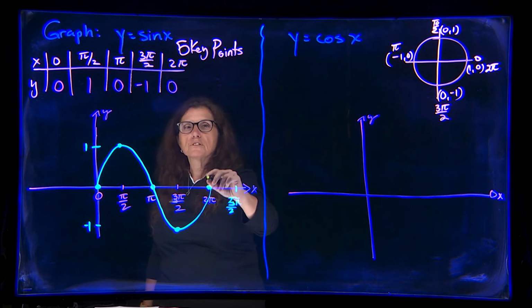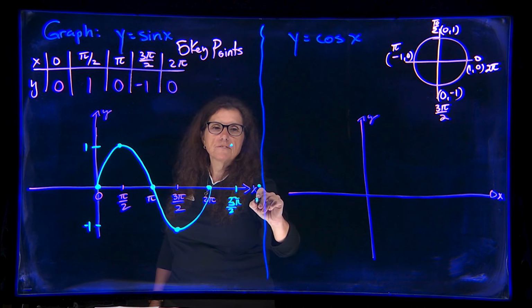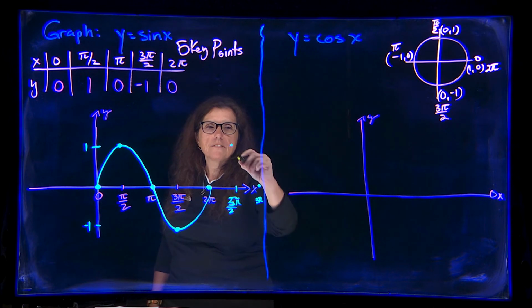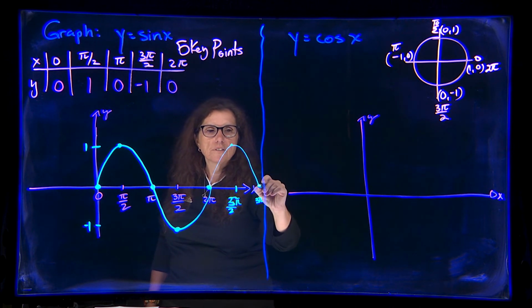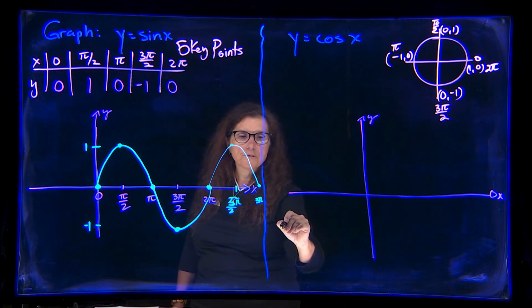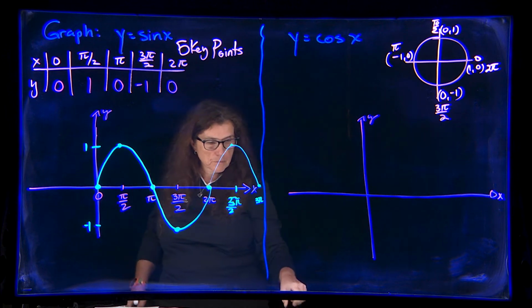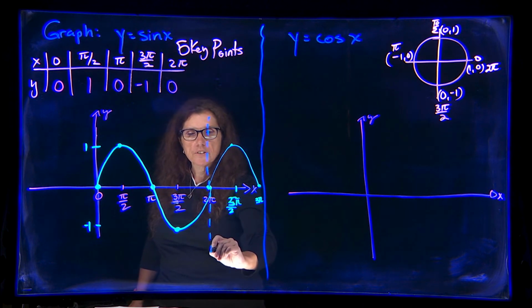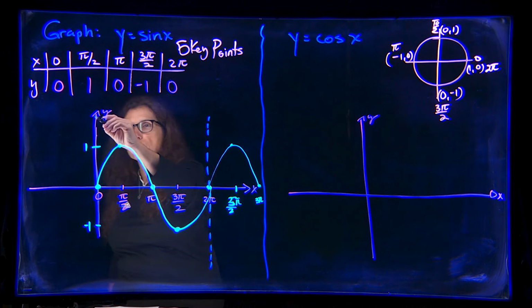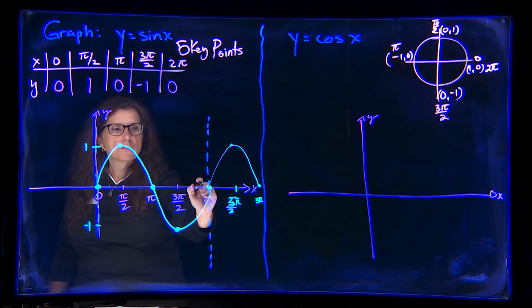So then I would go back up to 1, then I come back down to 0 at 3 pi, and I have no more room, so it keeps going on. And then, of course, you would go to -1, and at 4 pi, you would go back to 0. So this is what is called a period. One period goes up, down, and back to 0.